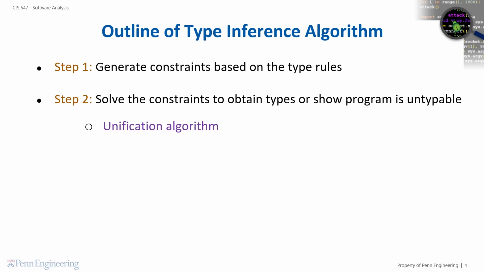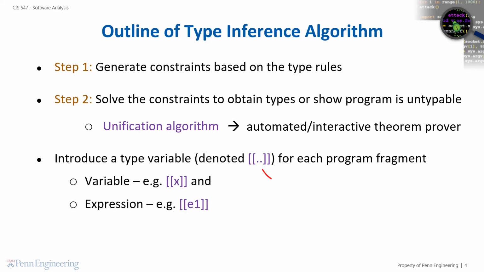For richer type systems, constraint-based type inference might use an off-the-shelf automated theorem prover or even an interactive theorem prover. However, for this type system, we will illustrate the constraint solving process using the unification algorithm through a series of examples. Throughout these examples, we will denote type of as double square brackets.